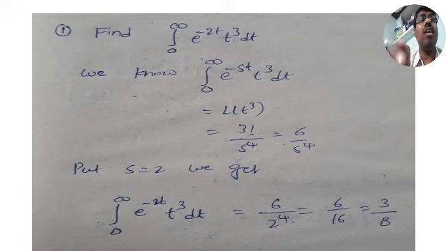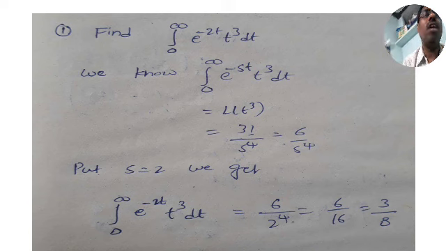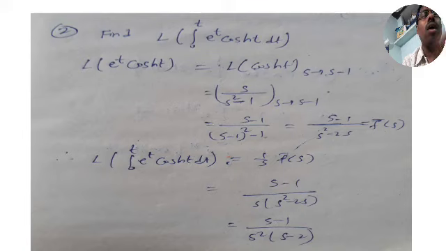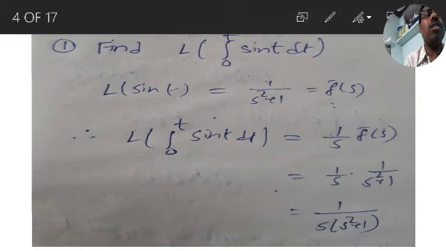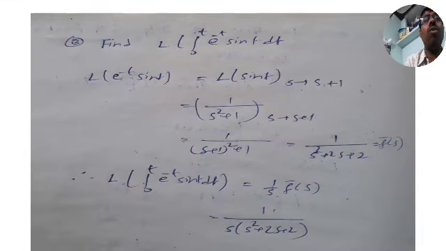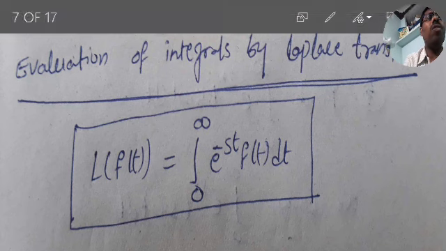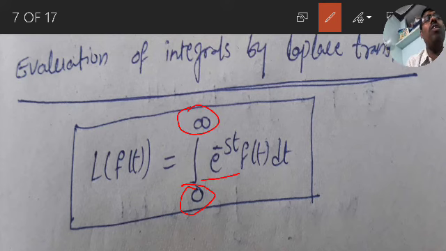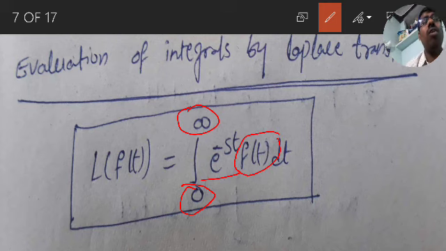Find the integration from 0 to infinity, and you see the function e to the power of minus st into f of t. In the definition, the limits are 0 to infinity, and the function is the exponential function e to the power of minus st into f of t.